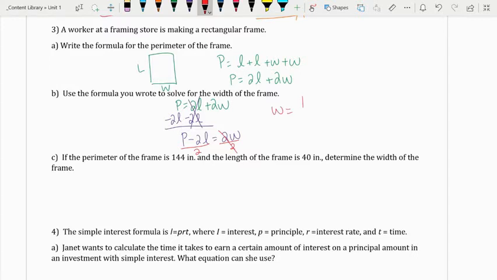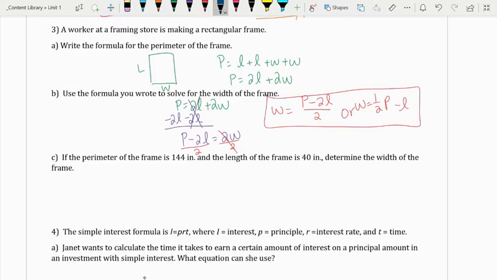You can leave your answer as (P minus 2L) over 2, or you can simplify by doing W equals 1/2 P minus L. Either one is totally fine. You might have started with your equation as something like P equals 2 times (L plus W) if you wanted to, and that would make you get something like that. Okay, those are the same equations though.